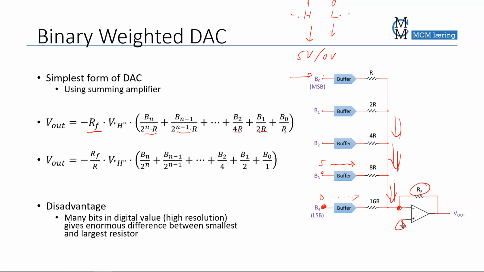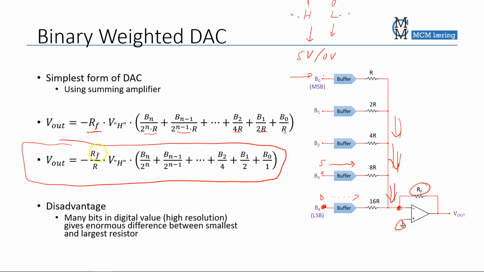So what I get now is a V out that is a function of 2 fixed resistor sizes and the level of the high. So in my case here, the high was 5 volts, and then you get this.